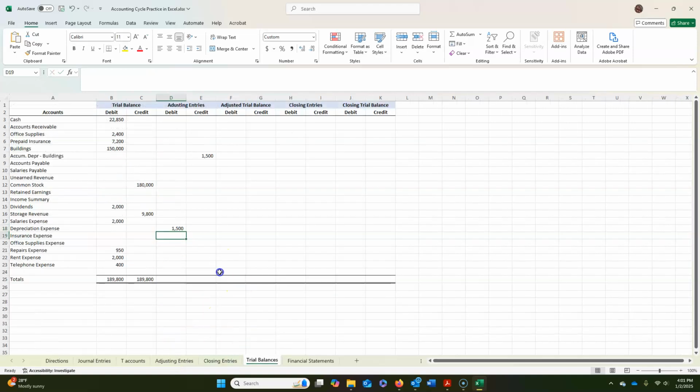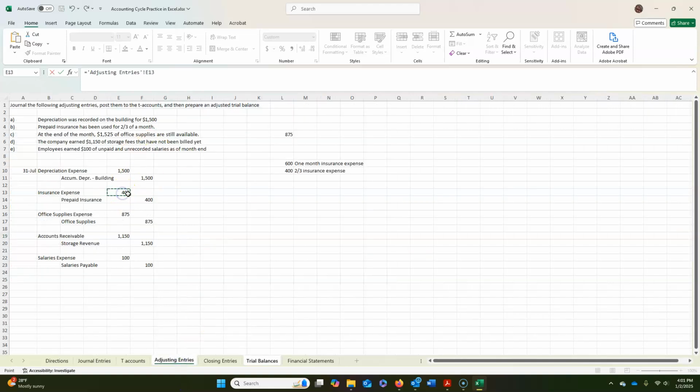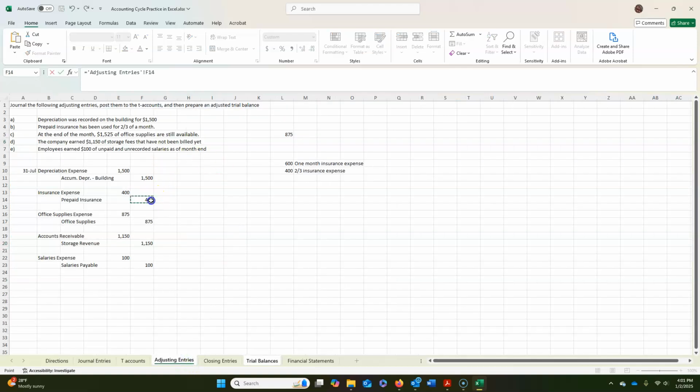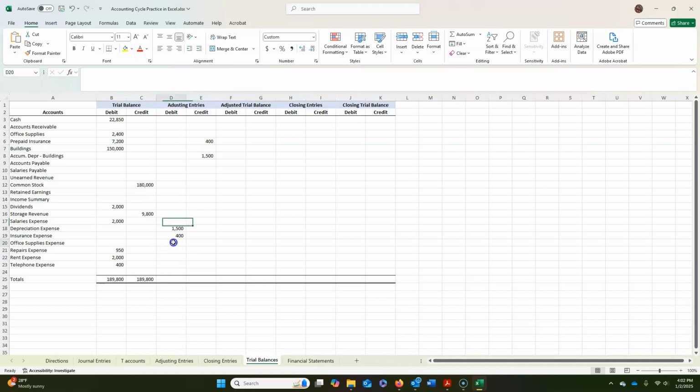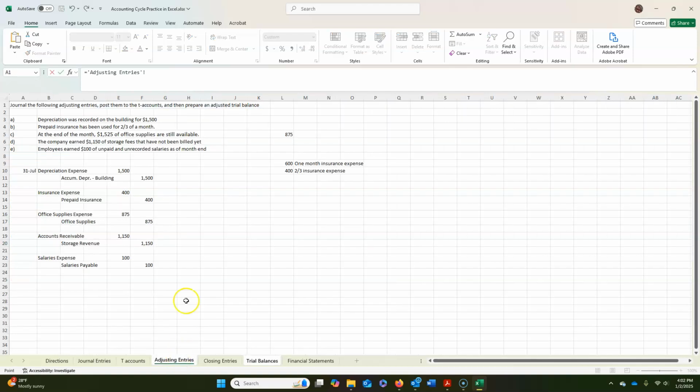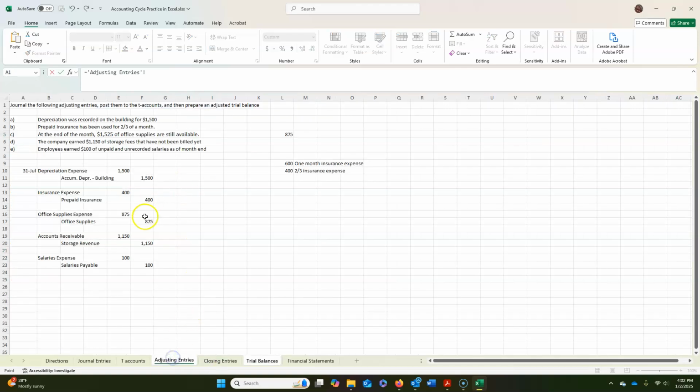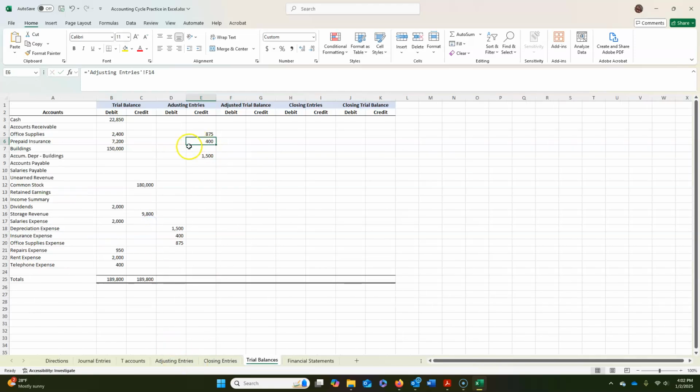And then we have insurance expense of $400 and a credit of $400. Then our office supplies expense of $875 and a credit to office supplies of $875.